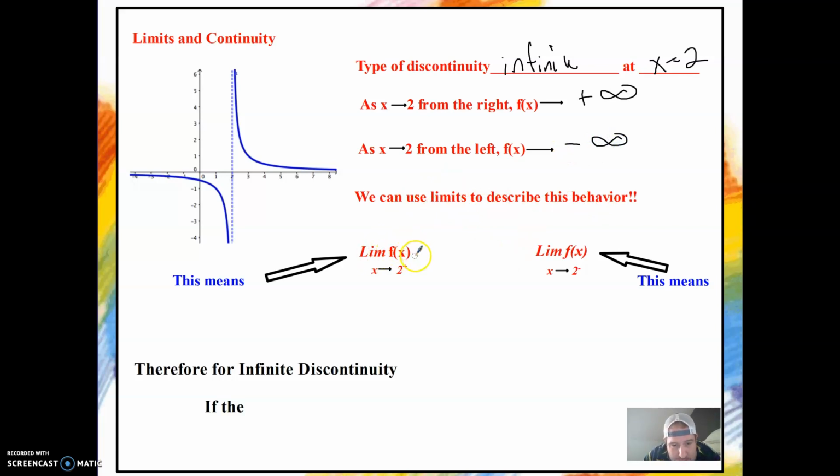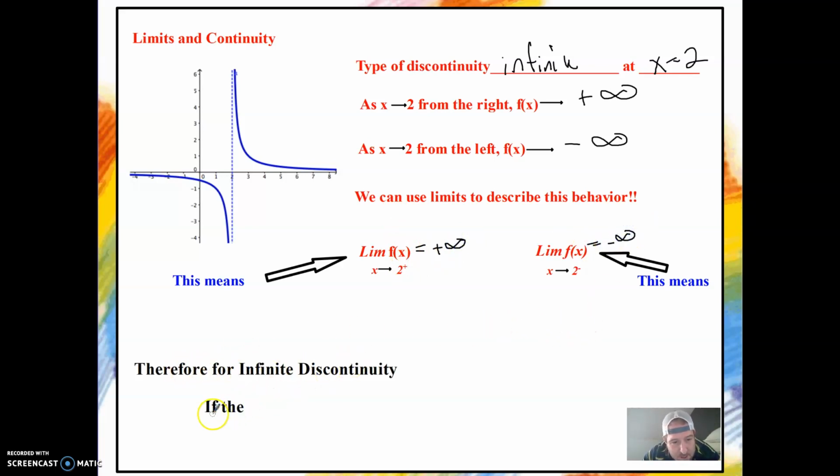So the limit of f of x as x is approaching 2 from the right-hand side; positive always means from the right-hand side, and negative would mean from the left-hand side. So the right-hand limit is equal to positive infinity, and the left-hand limit is equal to negative infinity.